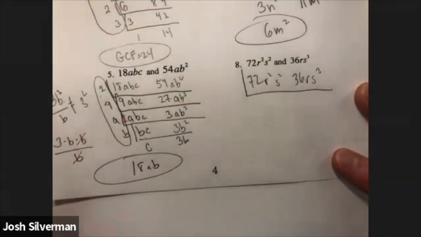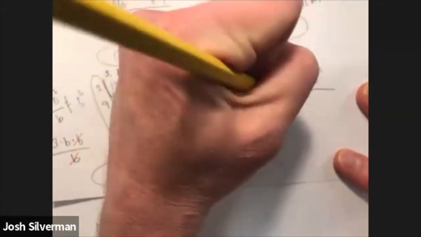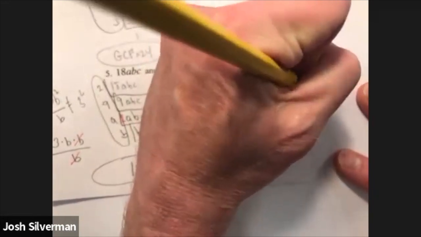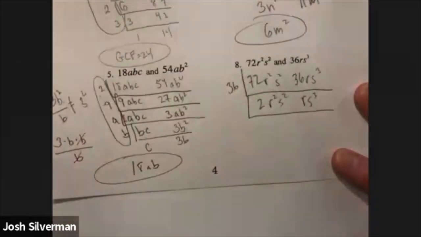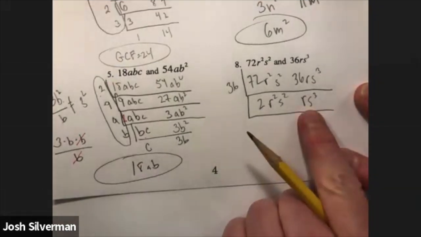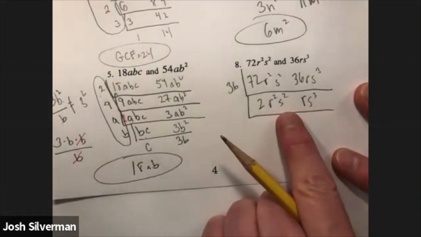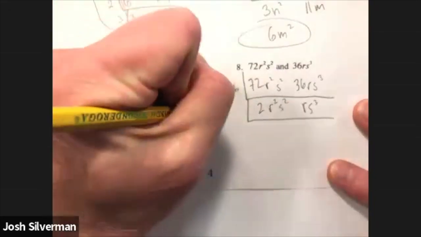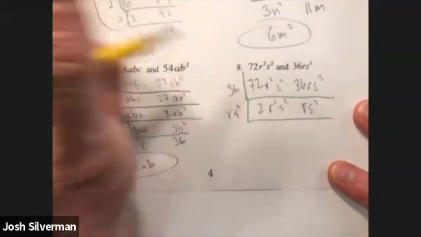Both of those could be divided by 36. 72 is 36 times 2. You can see I'm cutting a little bit ahead on some of these now that we've got the hang of it. What could they both be divided by? They could both be divided by a single r. They could both be divided by s squared. Let's do it all in one go. rs squared.